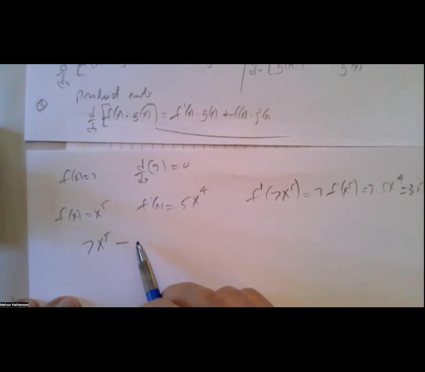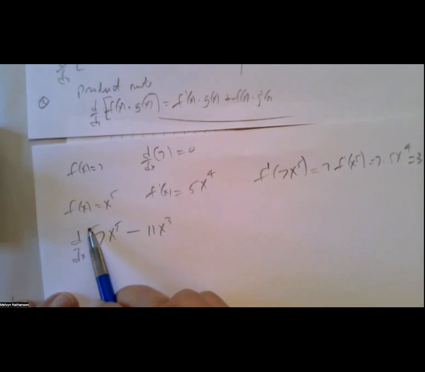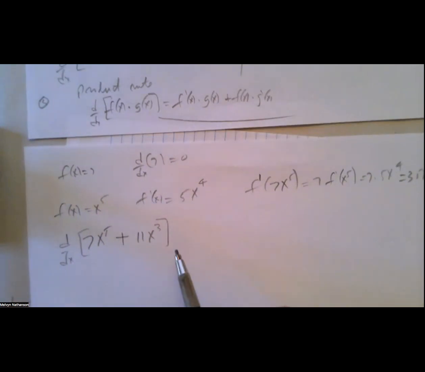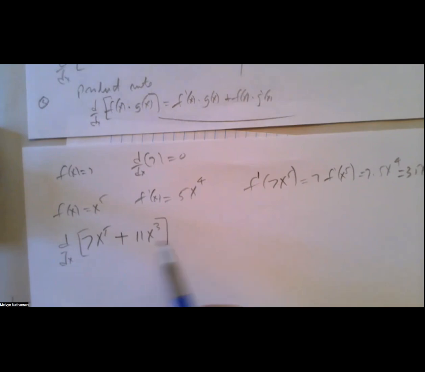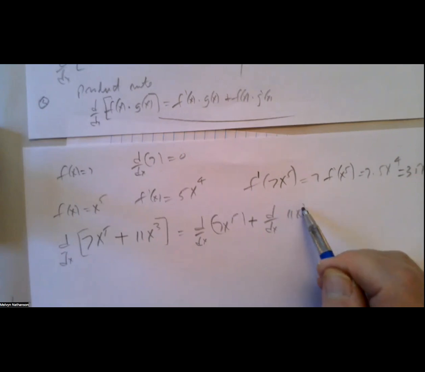If we have 7x to the 5th minus 11x cubed, and we want to differentiate this, let me write this plus, just to make it easier. By the sum rule, this is the derivative of 7x to the 5th plus the derivative of 11x cubed.